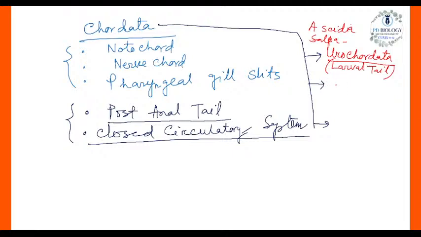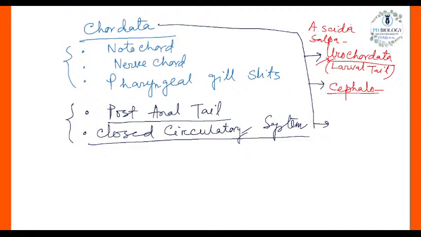The next group, the Cephalochordata. Cephalochordates are also called lanceolate. These are called tunicata and these are called lanceolate.